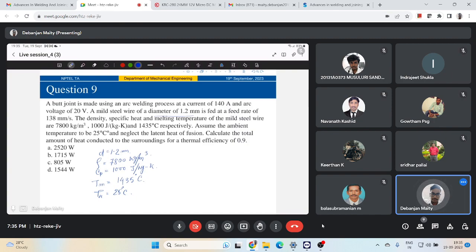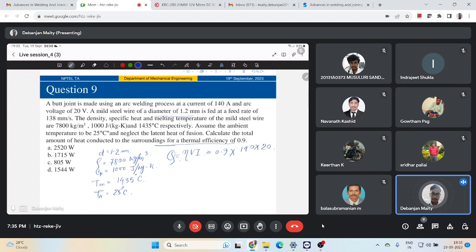So what will be my total heat input? Q, VI. How much is this coming? Let's go step by step. So you have your thermal efficiency as 0.9, right? That into 140 into 20.